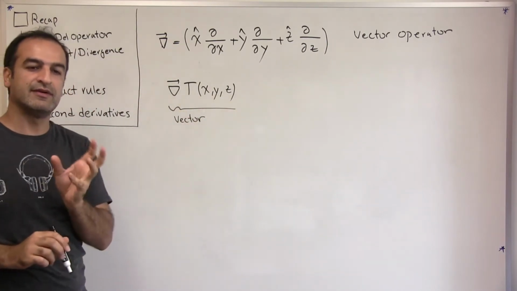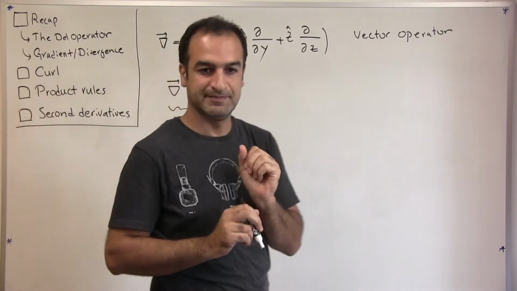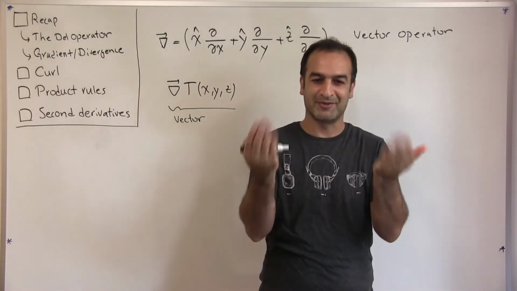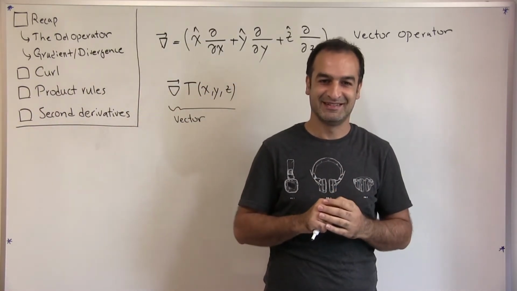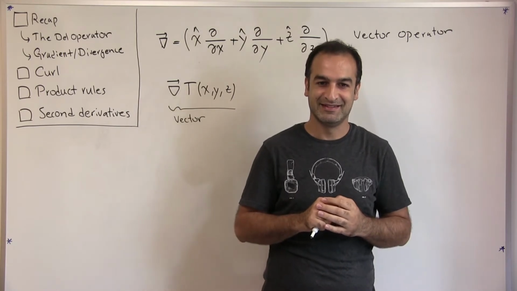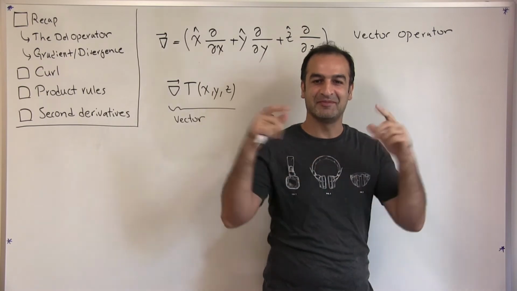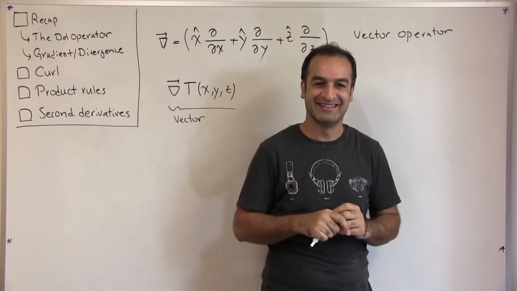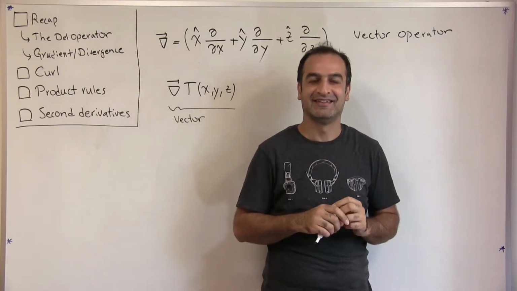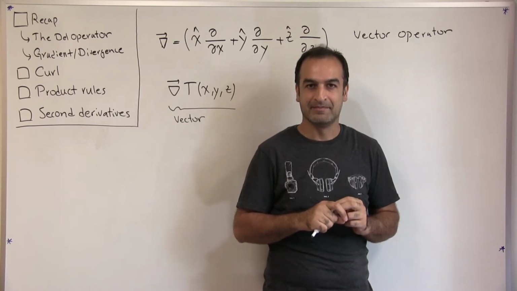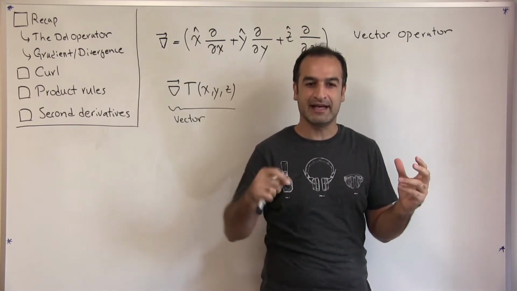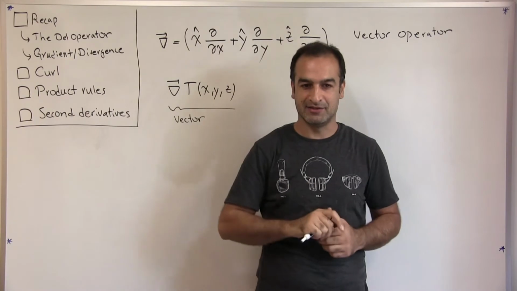At any point, if you apply the operator, you're going to get a vector. What is the meaning of that vector? I want you to answer. You can unmute. Isn't it the highest change? A vector has direction and also magnitude, right?